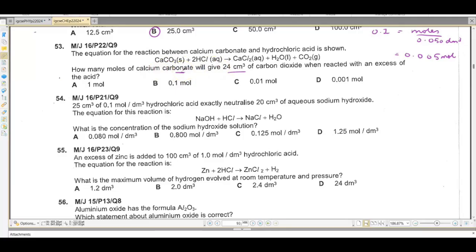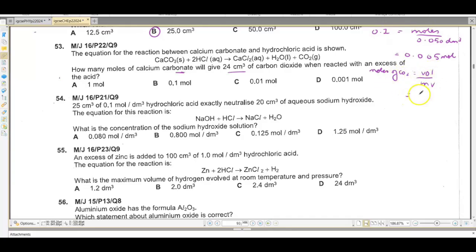So what we need to do is that first of all we've been given the volume for carbon dioxide, so we need to convert it into moles. ठीक है? So how do we do that? Moles of CO2 would be equal to volume by molar volume.